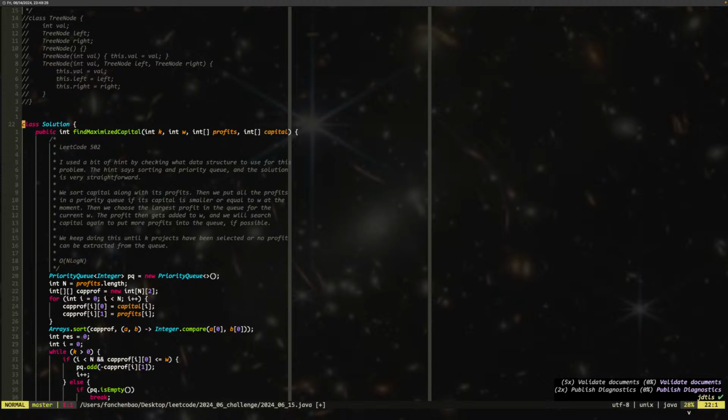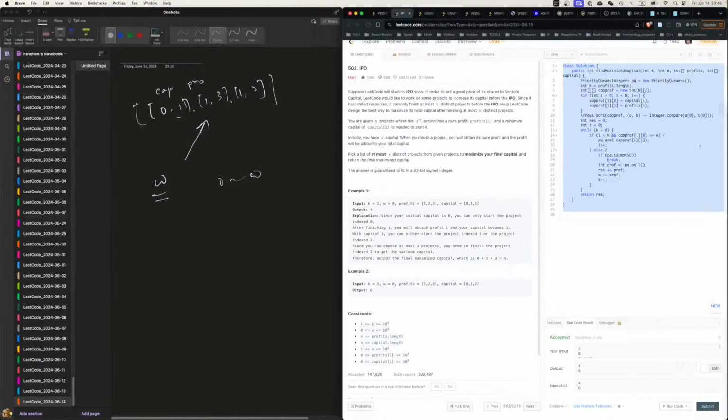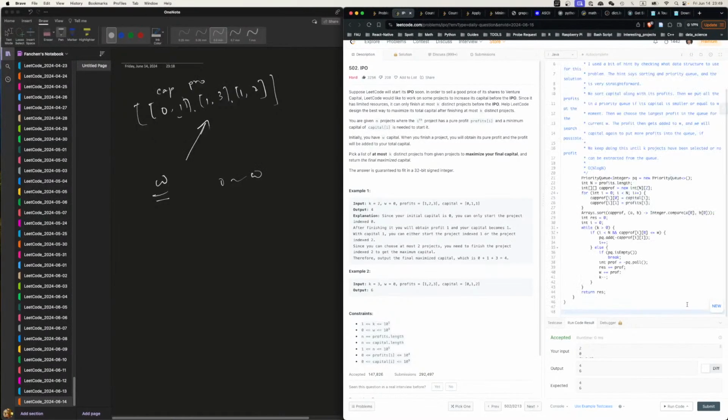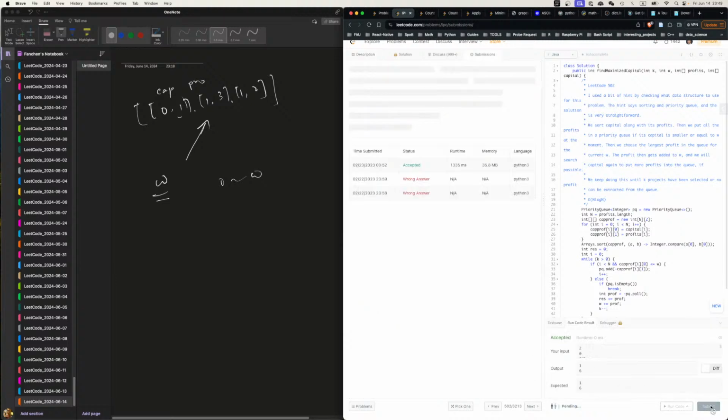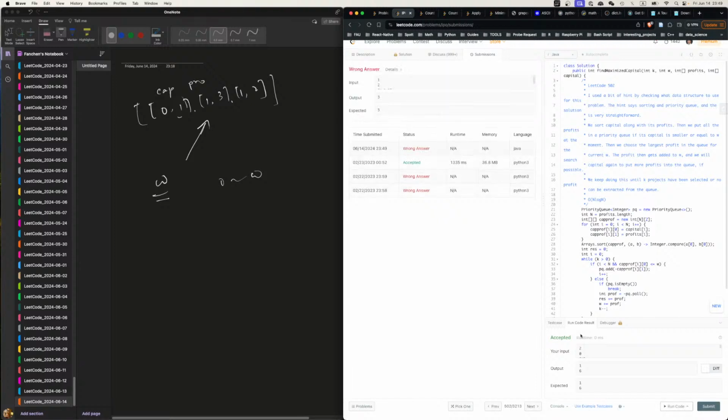Okay, let's take a look at how this one goes overall. I don't know, what if we want only one? Does it work? It might work. Give it a shot. Nope.